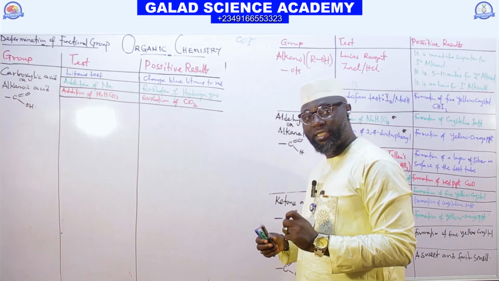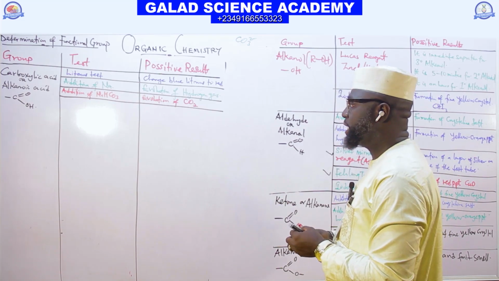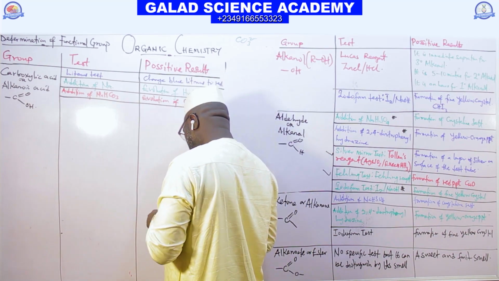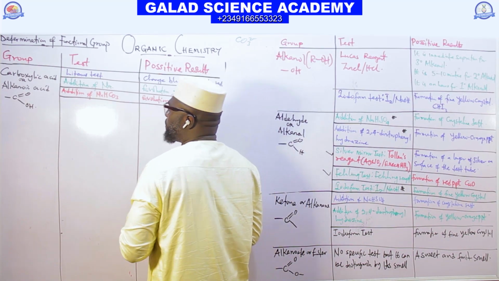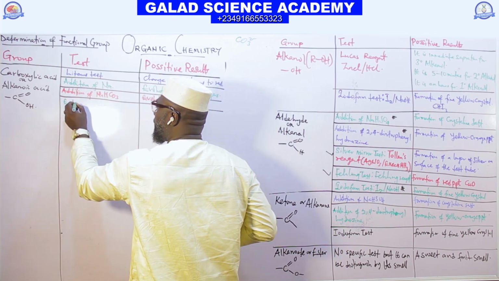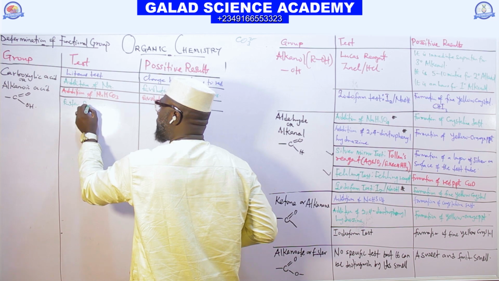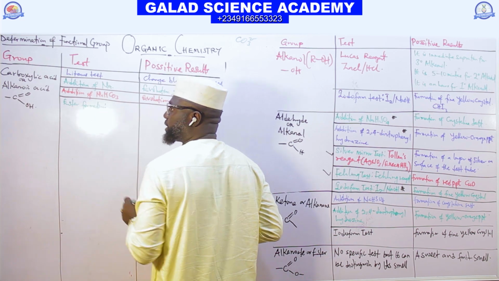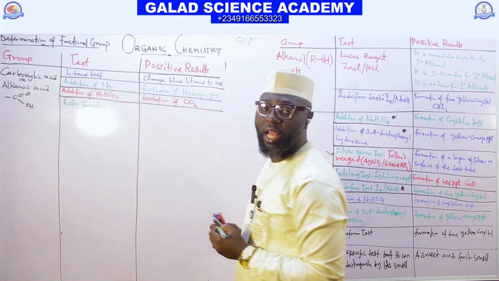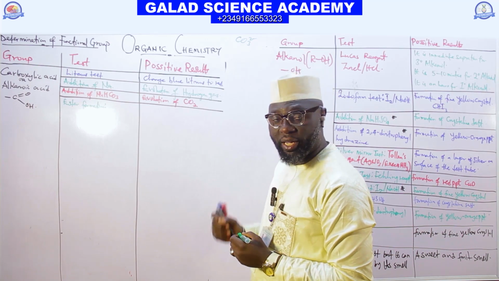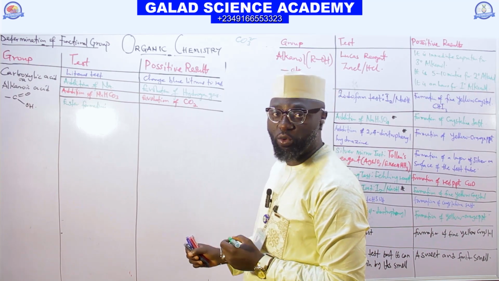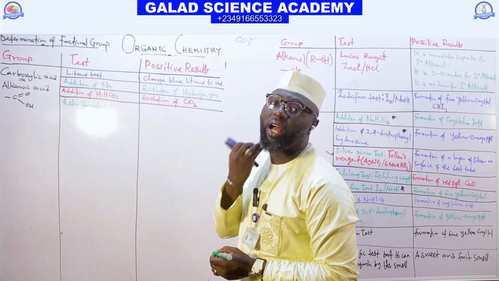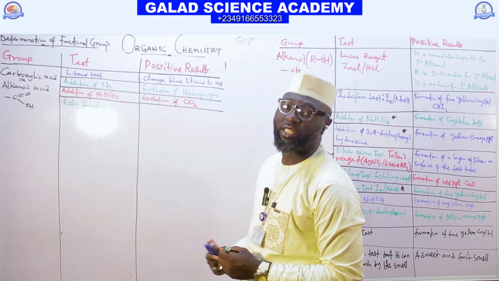The last test of carboxylic acid is ester formation. It is the formation of ester. If you take alkanol in the presence of concentrated H2SO4, when it reacts with carboxylic acid, it will give us ester and water. The process is called esterification.